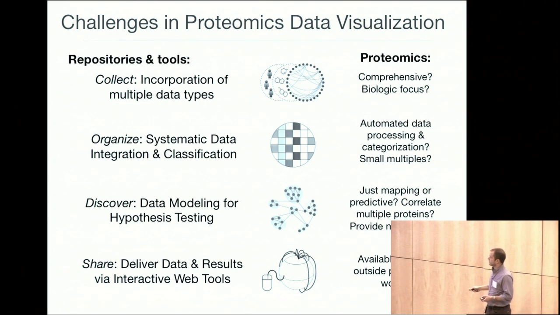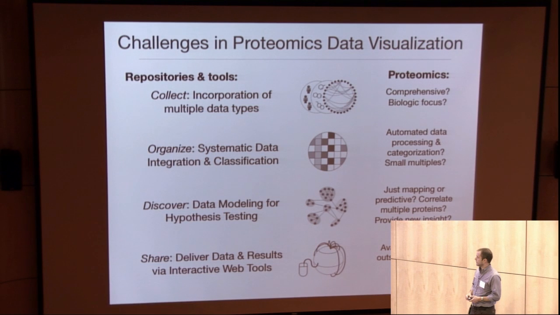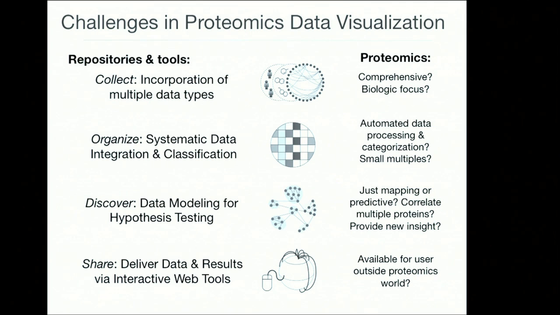The proteomic world also tends to just produce big lists, so we really need to make tools that are predictive and can model the data and hopefully provide new insights. So you shouldn't just be able to put in one protein, you should be able to put in multiple proteins or genes and then see what the correlations are.